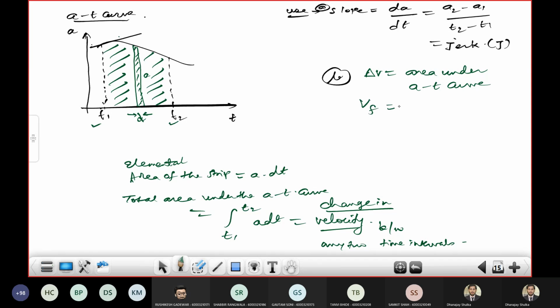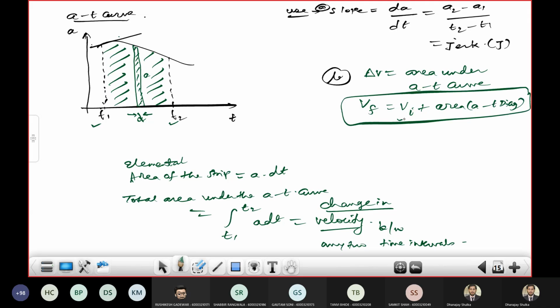So V final is equal to V initial plus area of AT diagram. So if you know the initial velocity, you can find out the final velocity using the AT curve. The positive area will indicate an increase in the velocity, and the negative area will indicate a decrease in velocity.